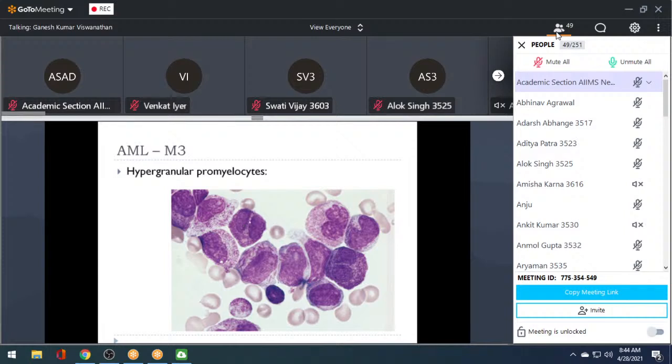Also, the nucleus here is not round; it is bilobed. This is also characteristic of APML. This is a very aggressive disease which leads to a lot of bleeding manifestations, and the patient dies very fast if treatment is not started early.